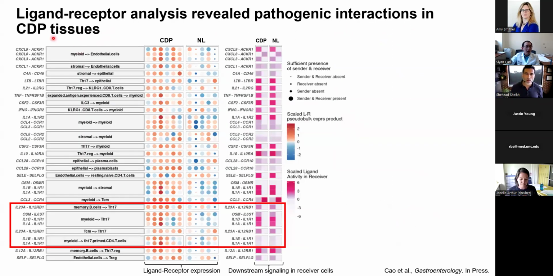We also intended to elucidate the cell-cell interactions in CDPs by using ligand receptor analysis. Among all those top interactions, we found a strong interaction between myeloid cell-produced cytokines such as IL-23 and IL-1 and the Th17 cells in the CDP tissues as compared to normal controls.